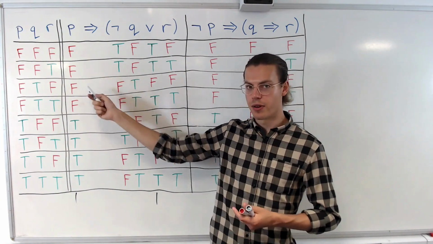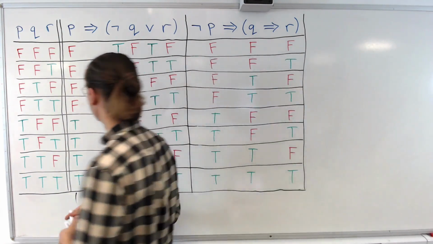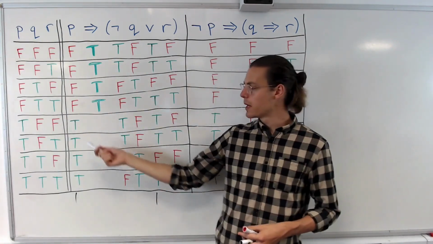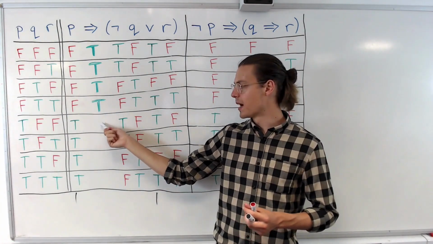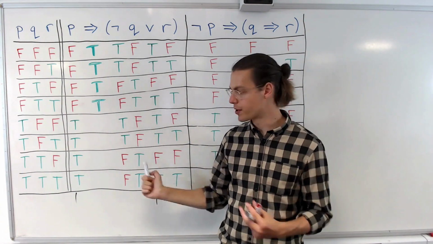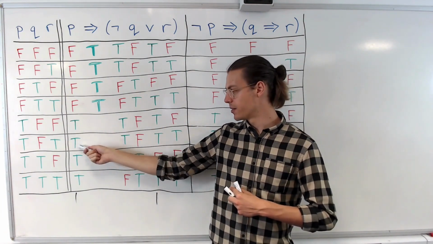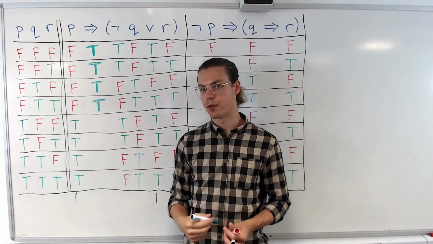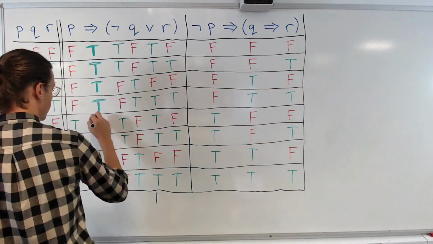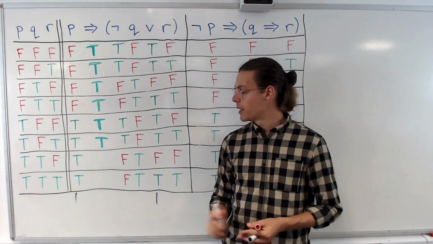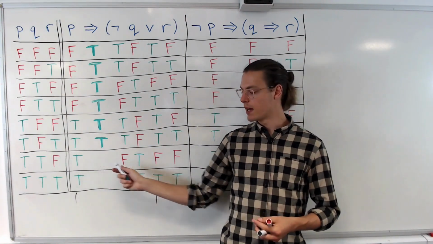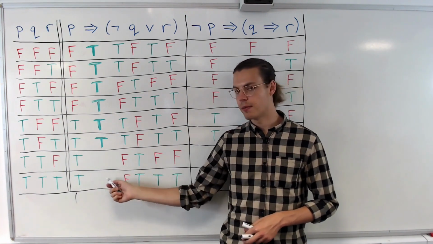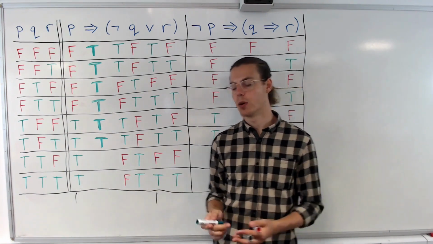Likewise for rows 2, 3, and 4. Then we have true implies true, which is true, and we have that again, so these two rows are both true. Then we have true implies false, which is false, followed by true implies true, which is true.